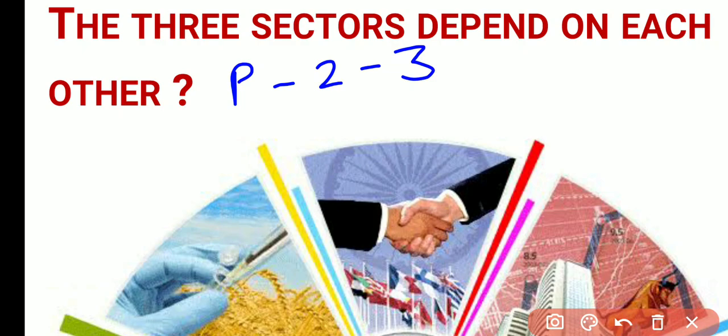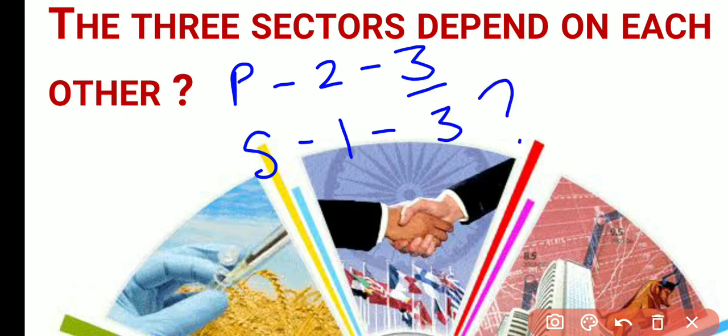Because the primary sector depends on the secondary sector for its equipment, machines and tools, fertilizers, pesticides and seeds. Same, the primary sector also depends on the tertiary sector. It depends on the tertiary sector for services like IT, transport, health facilities, education facilities, research work, etc.